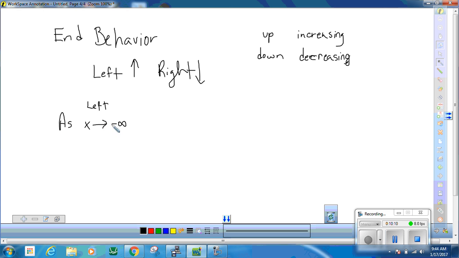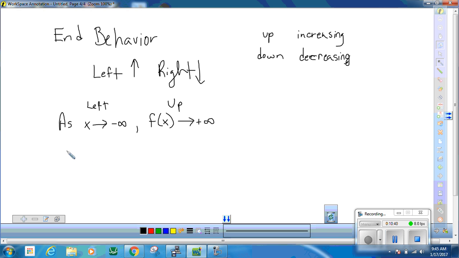So as x approaches negative infinity, comma, f of x, now remember f of x represents y, so we're talking about the y value, f of x approaches positive infinity. And so the way we would read this is as x approaches negative infinity, f of x approaches positive infinity. What that really means is the left side of the graph is going up. That's how I would read that.